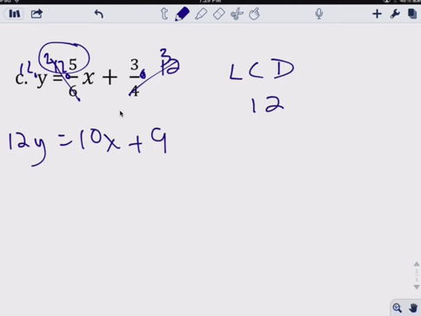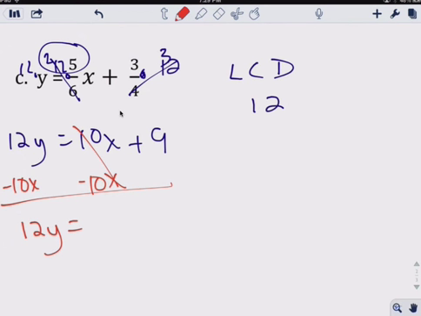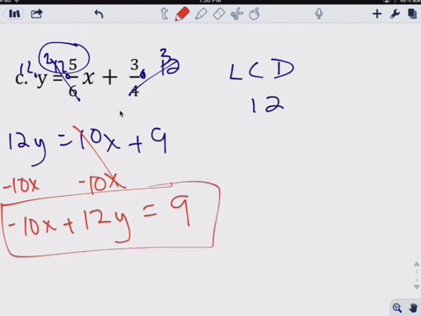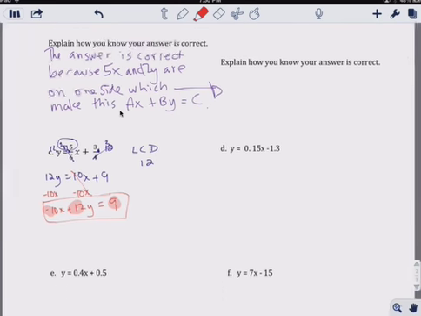Ax plus by, so I need to get rid of the 10x from this side. Divide by 12. Oh my god, what am I doing? Sorry guys, that's what happens when you're tired. It's in standard form. Ax plus by equals c.